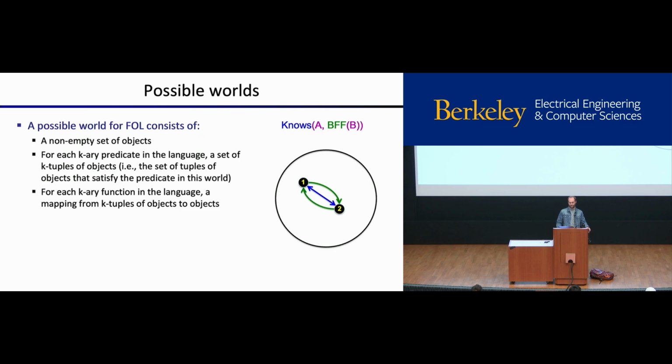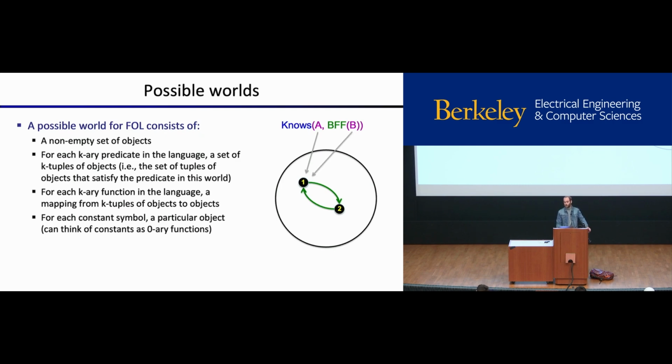How nice. For each constant symbol, and here we have A and B, those are going to need to refer to particular objects. As I mentioned, you can think of them as zero-ary functions. So there's one possible world: A is referring to this one, B is referring to that one.